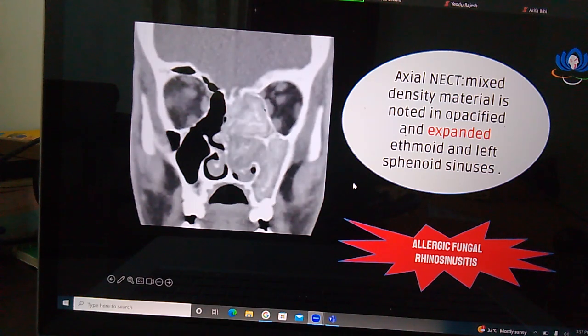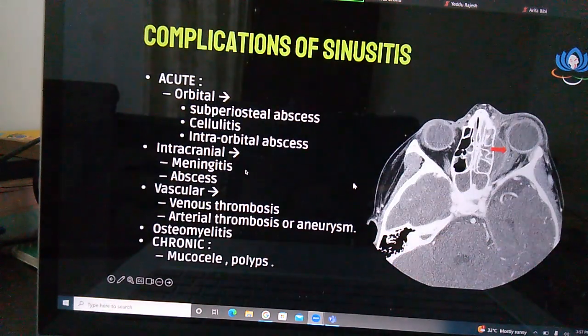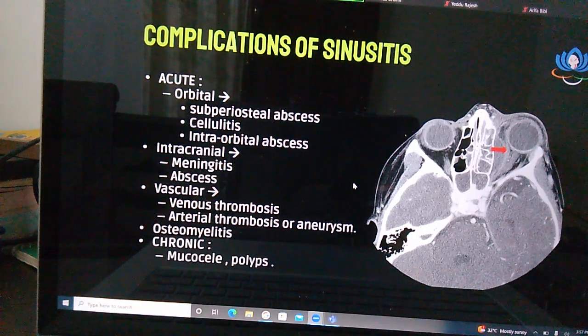If you examine the nasal cavity, you will see a lot of allergic mucin, yellowish colored allergic mucin. Whenever we study rhinosinusitis, we should also study the complications of sinusitis. So what are the complications that can happen in acute rhinosinusitis? There may be orbital complications like subperiosteal abscess, orbital cellulitis, and intraorbital abscess.